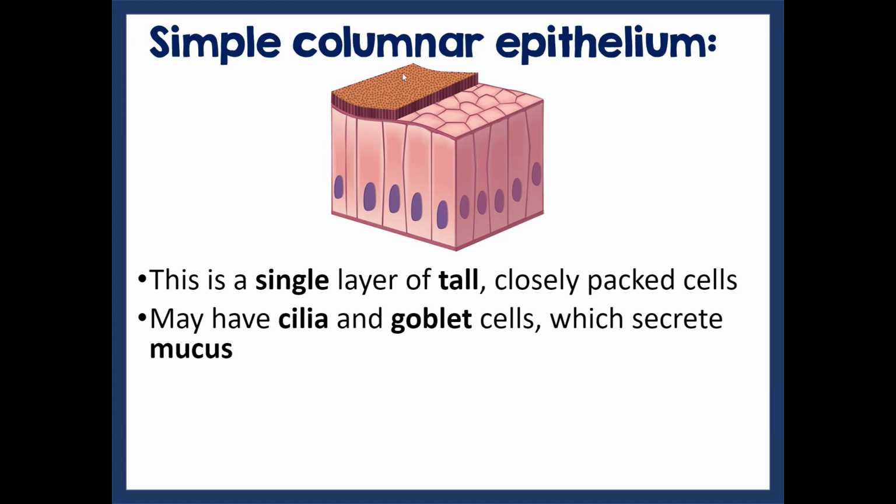Now, at the top here, you may notice something different. This little brown section, those would be cilia or goblet cells, and the function of those types of cells at the top is they secrete mucus, that slimy, slippery type substance.